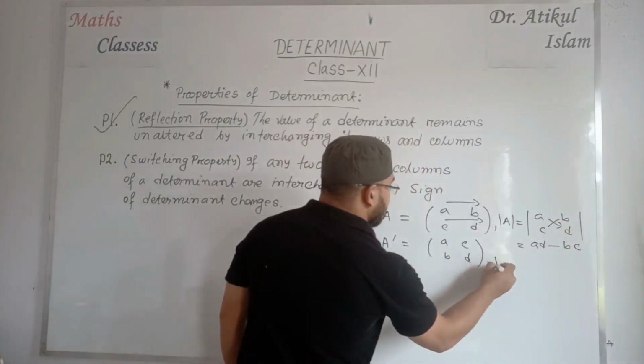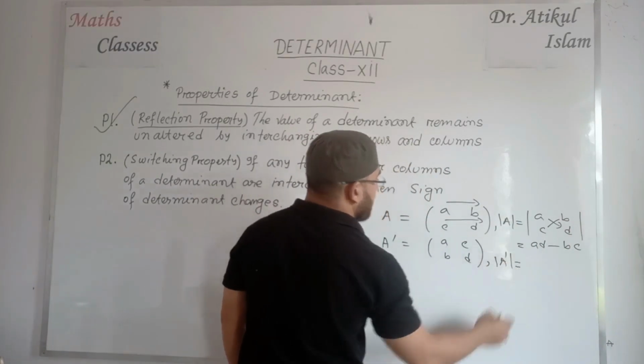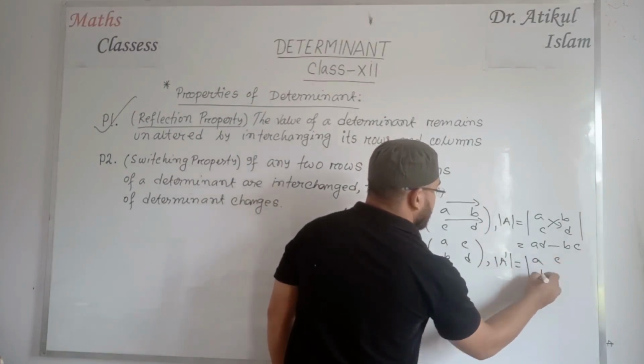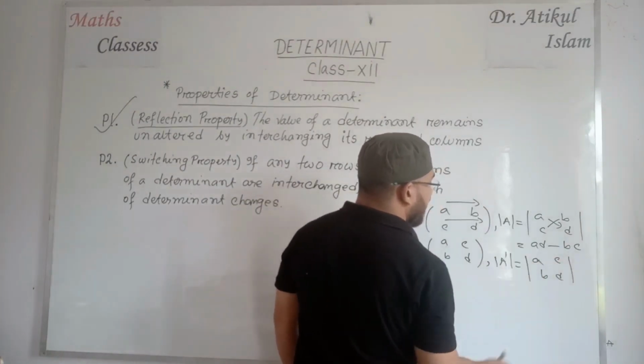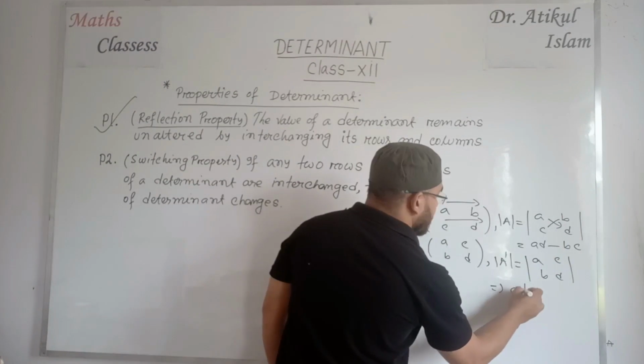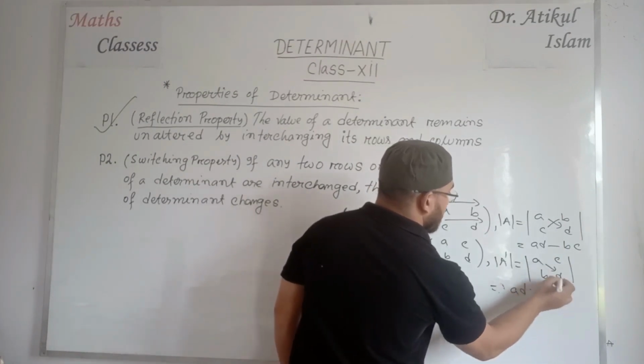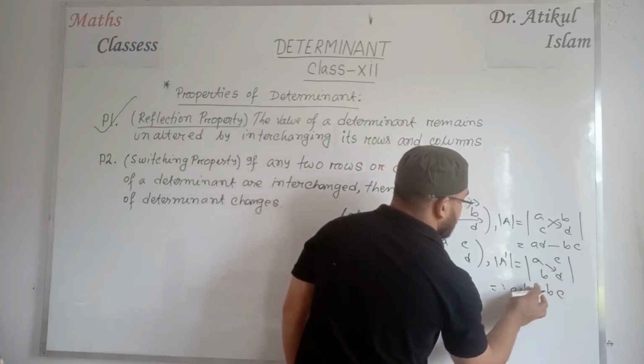Again here A dash will be a, c, b, d, that is, the determinant of A dash is also equal to ad minus bc.